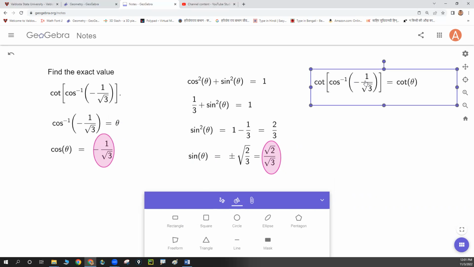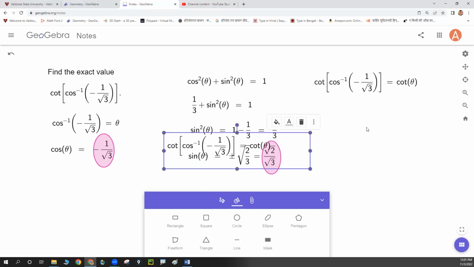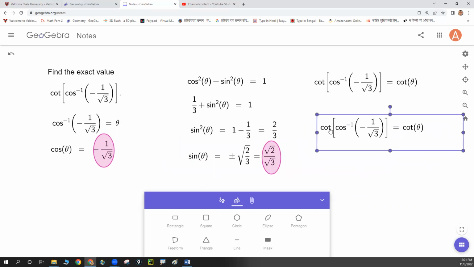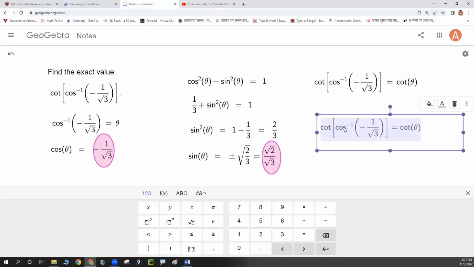Okay. So that's all we need to do. We're finished. Cosine theta, which is negative, and don't forget the negative.